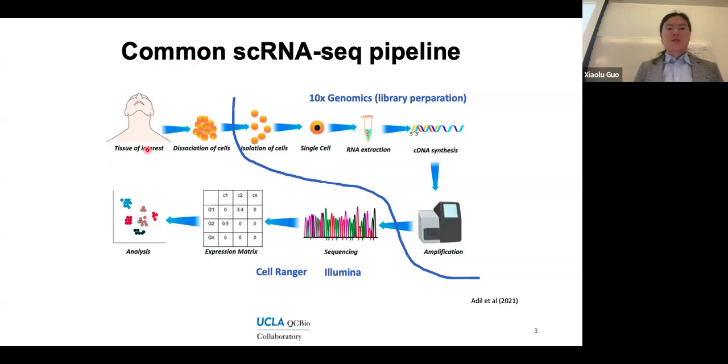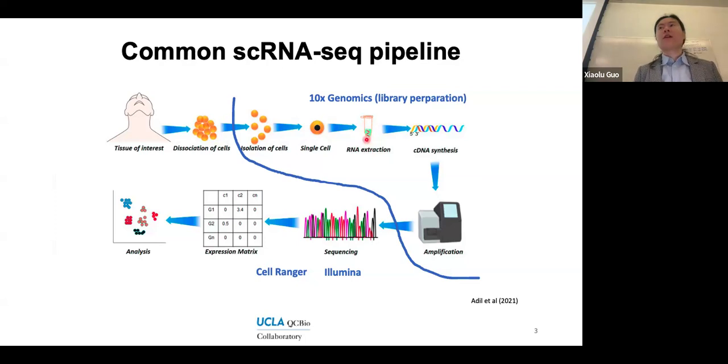So the single cell RNA sequencing technique starts from a tissue of interest or a sample. First we need to dissociate the cells and then isolate them using some technology such as microfluidics. With each single cell, we then can break the cell wall and extract the RNA for mRNA sequencing.